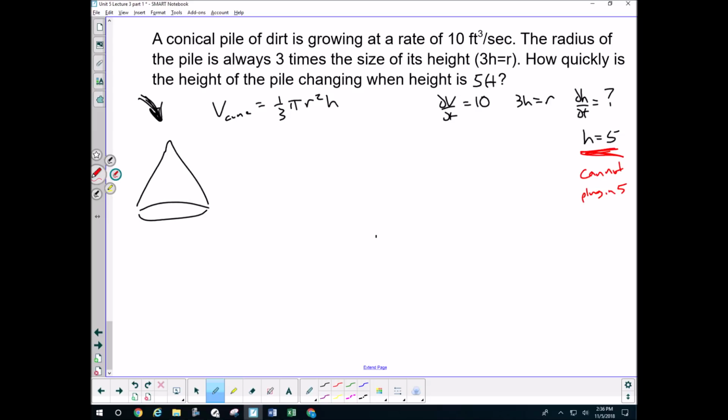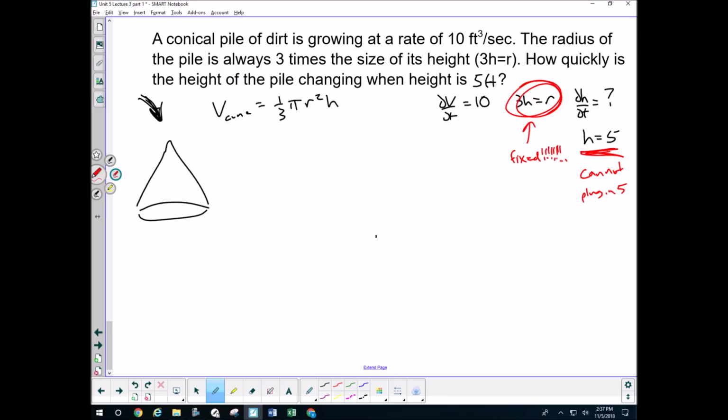But I do know something that is always true. What is always true? 3h equals r. This, my friends, is a fixed relationship. Now, I can plug fixed values in. I can also plug in fixed relationships.